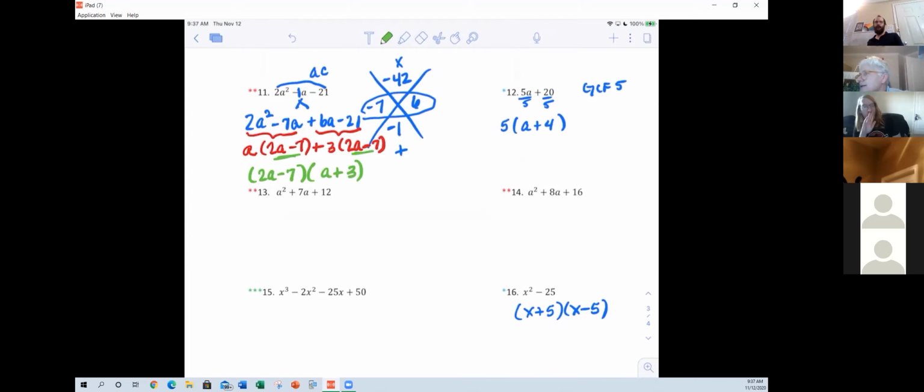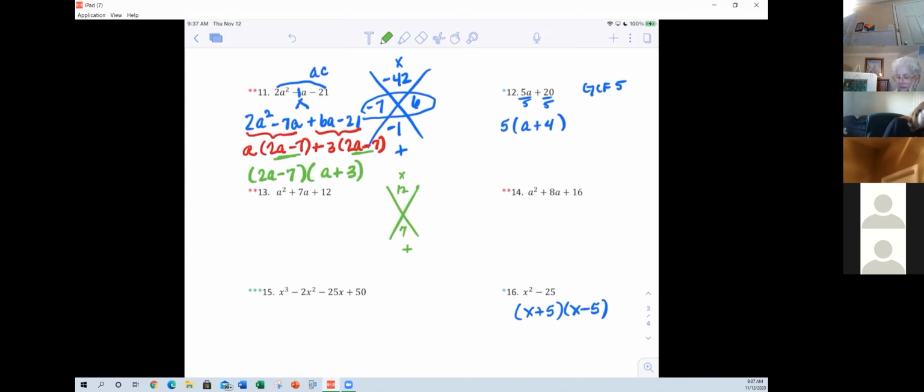Okay, and then these last two are just plain old, really simple trinomials. Here we need two numbers that multiply to 12 and at the same time add back to 7. And what would that be? Both of them are positive? Yeah. 5 and 2?